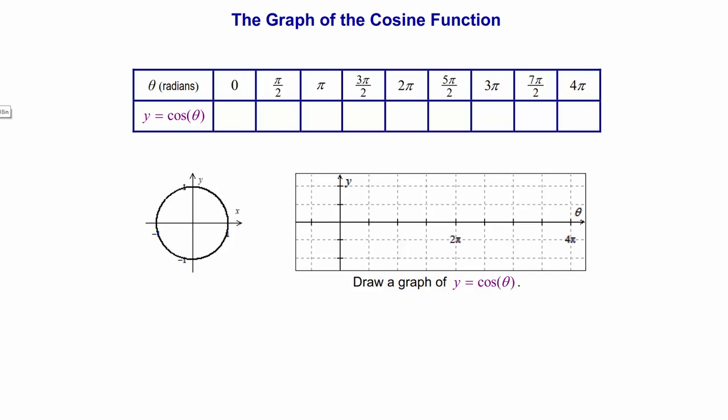First, let's remember the association between angles measured in radians and angles measured in degrees. 2 pi radians is a full revolution, so it's equal to 360 degrees. And half of 2 pi is pi, so half of 360, 180 degrees, must be equal to pi.